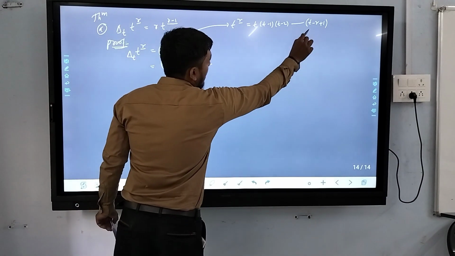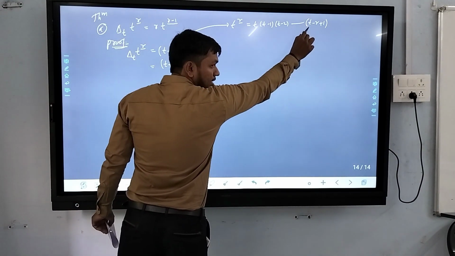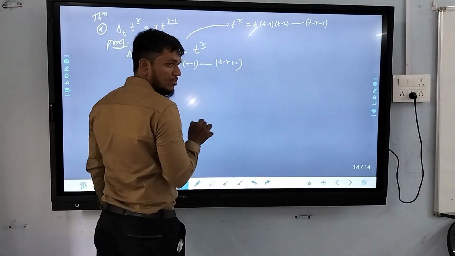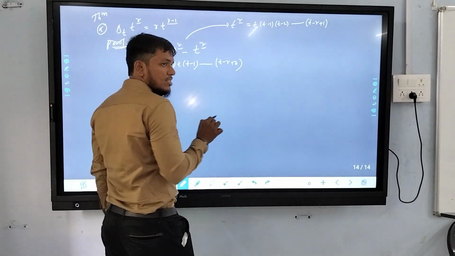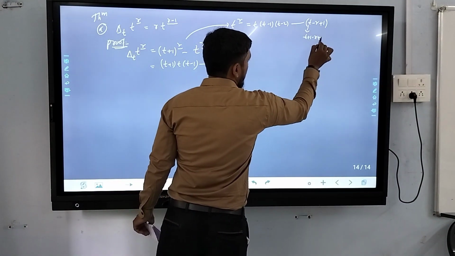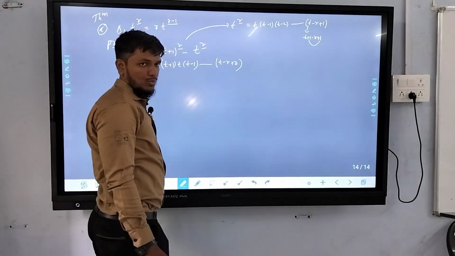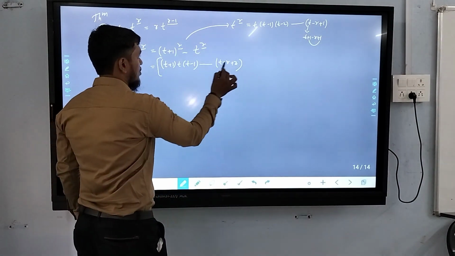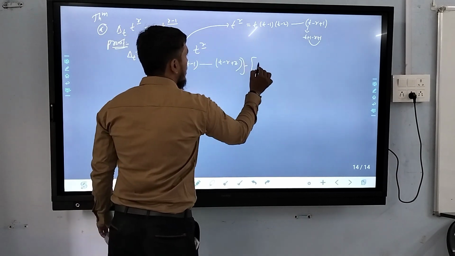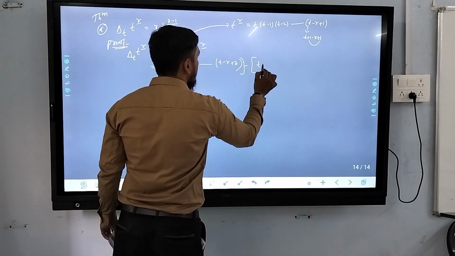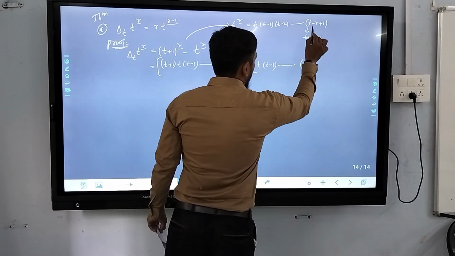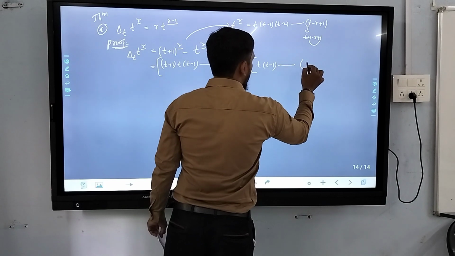Same at the last term, if you replace t by t plus 1, it becomes t minus r plus 2, because this is t plus 1 minus r plus 1, so 1 plus 1 becomes 2. So after the negative sign, again put the value of t to the r falling, which is t, t minus 1, and so on.